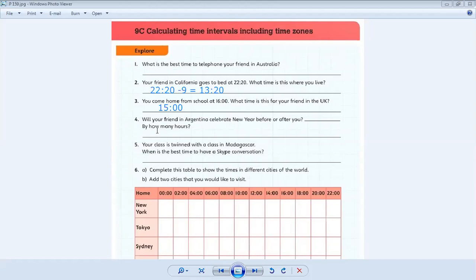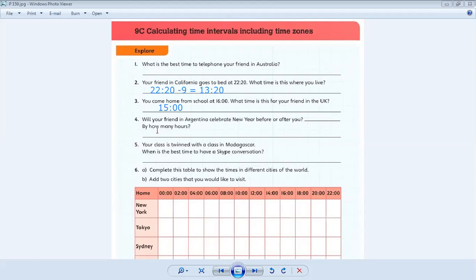Okay, will your friend in Argentina celebrate New Year before or after you? By how many hours? Where is Argentina? I can find it in South America, the continent of South America.